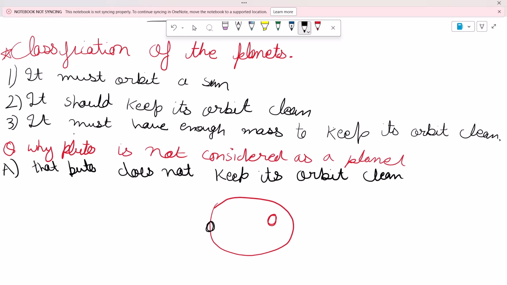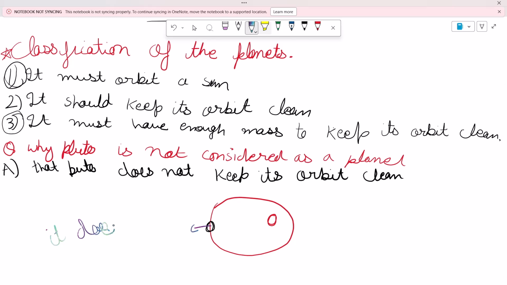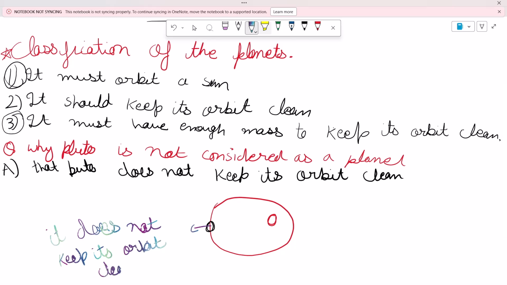Therefore, Pluto has characteristics 3 and 1, but it does not keep its orbit clean.